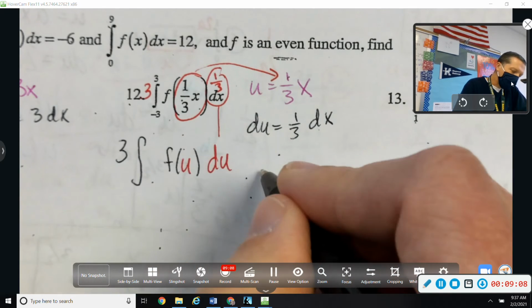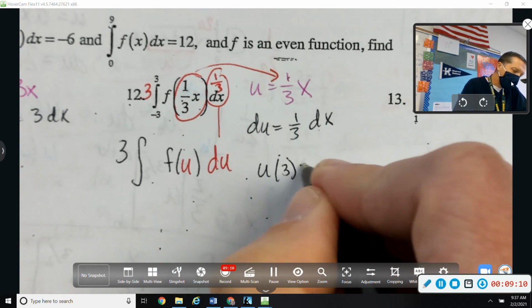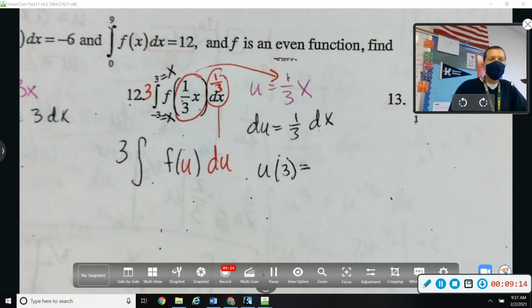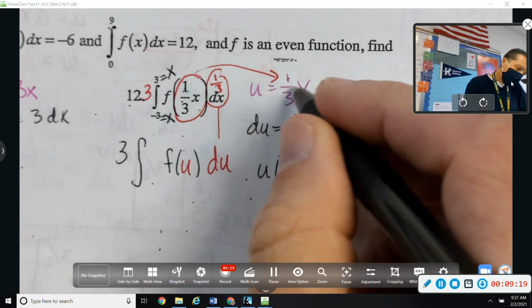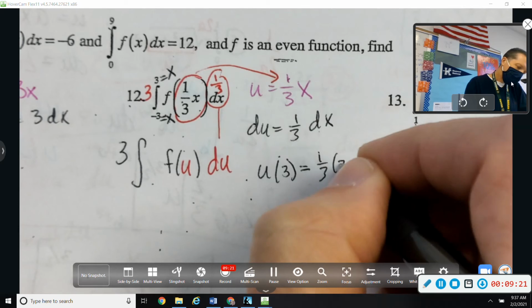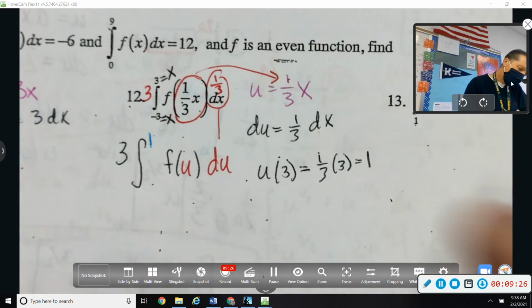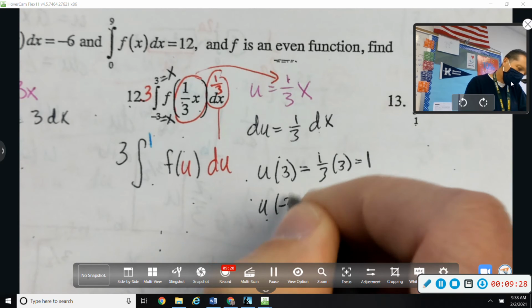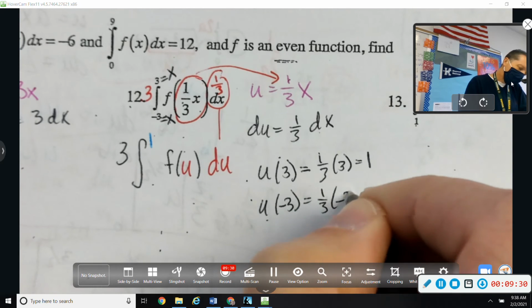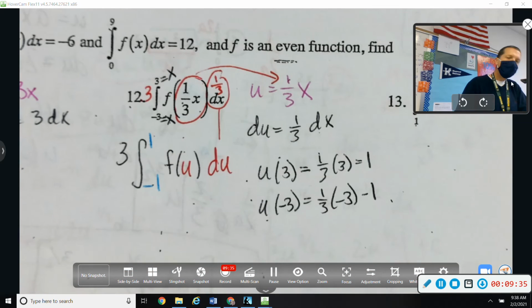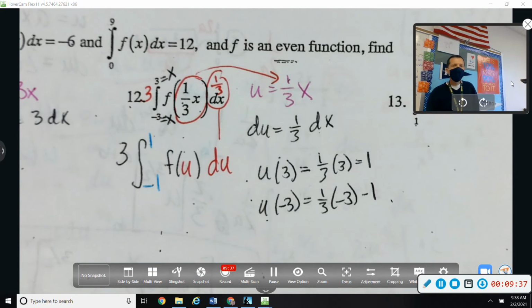But I need to switch my x values into u values. So if x is 3, 1/3 of 3 is 1. And if x is -3, 1/3 of -3 is -1. So -1 to 1, except that I don't really have -1 to 1.